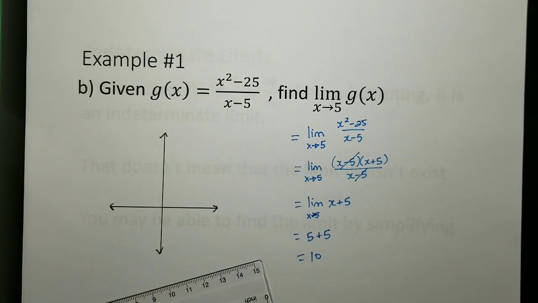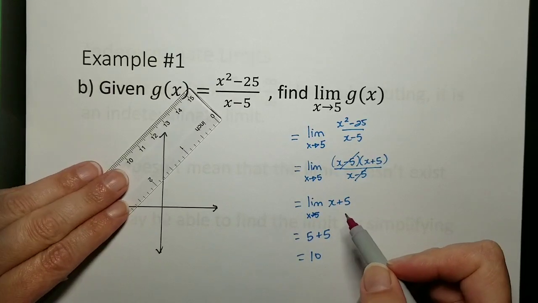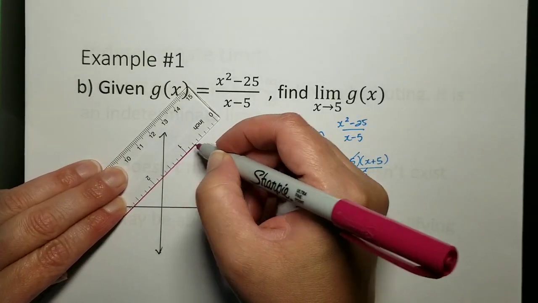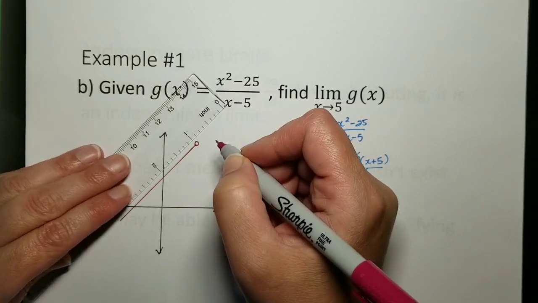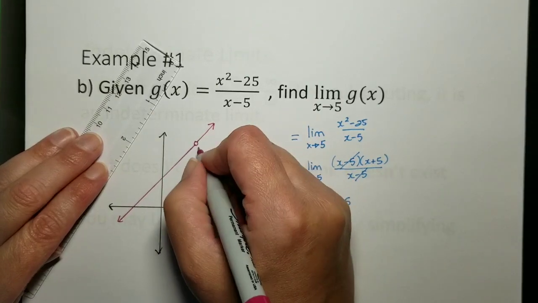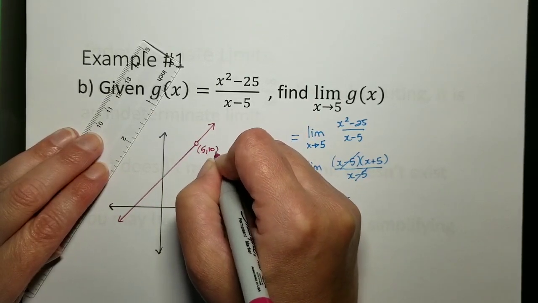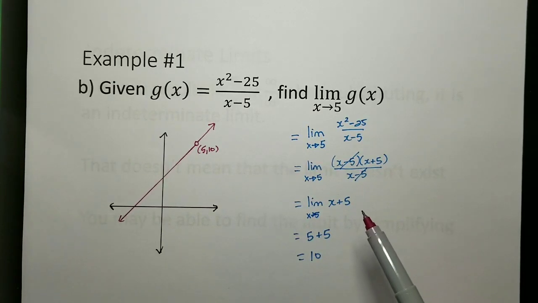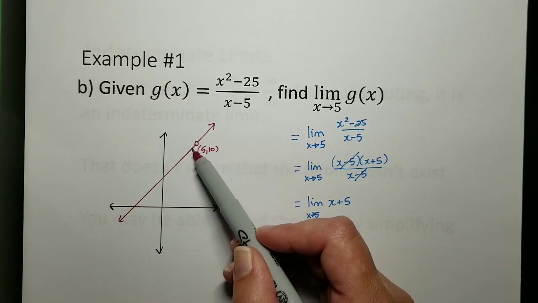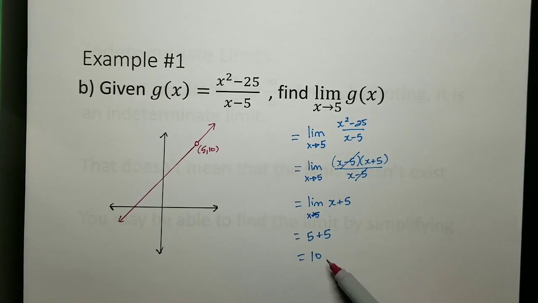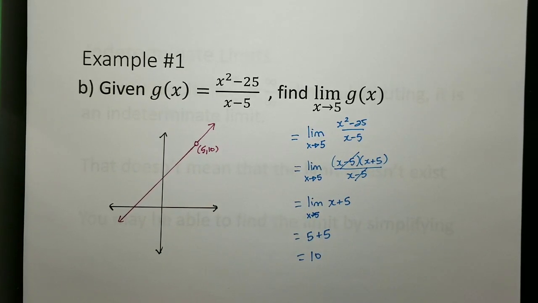It's a line, y equals x plus 5. So I'm just going to roughly sketch this in where there's a hole at the point (5, 10). So the limit as x approaches 5, if you're moving along this line, getting closer and closer to that hole, your y value is getting closer and closer to 10.